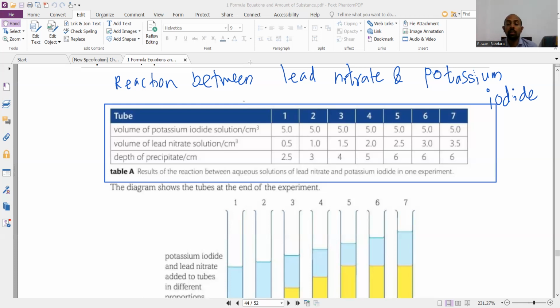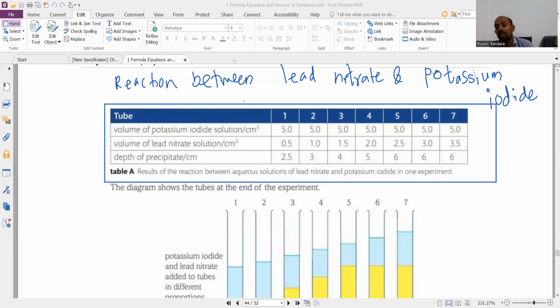They used the same volume of potassium iodide and added lead nitrate in different volumes. After the fifth tube, adding more lead nitrate won't make any change to the height of the precipitate.